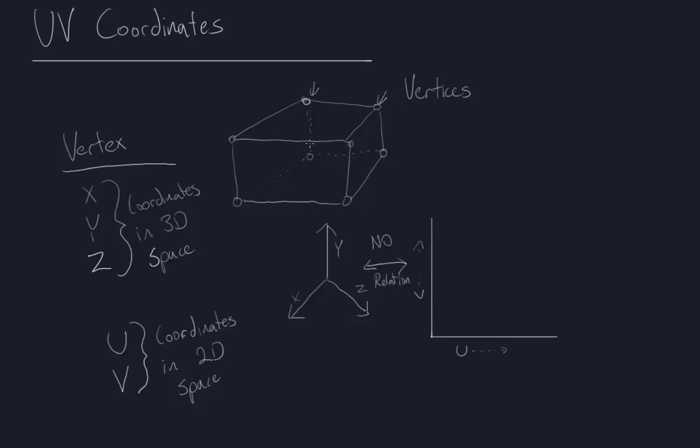Well, this little block that we created could be set up in such a way where this face is facing upward, and of course the bottom face would be facing downward. But there's no reason why in 2D space we couldn't put the top face at the bottom of our 2D layout. So you can't really think of these two having any sort of relation. U is not analogous to X, and V is not analogous to Y. Just think of it as two entirely separate coordinates.